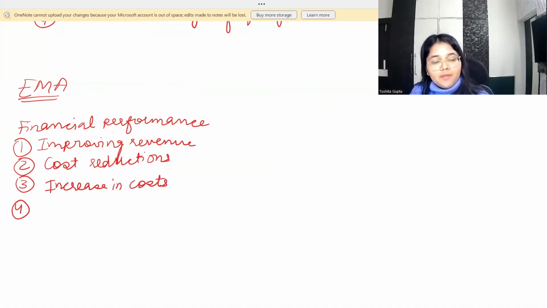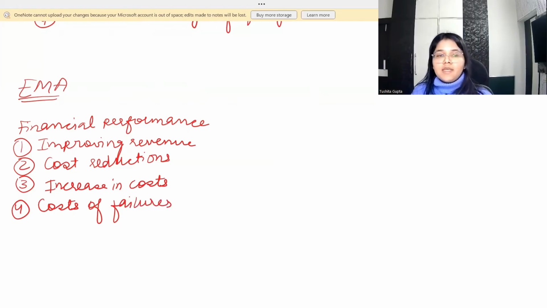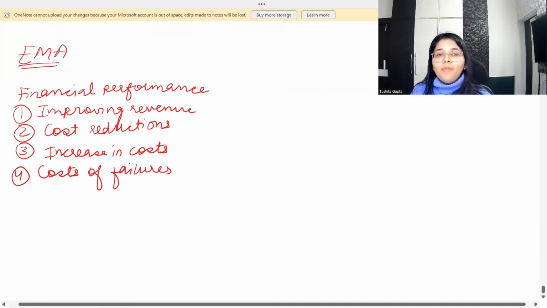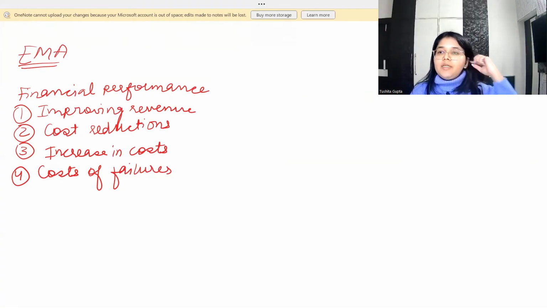And the fourth point will be the costs of failures. Basically, the failures will be the costs that we are unable to prevent because we are harming the environment. So these are the ways in which your environment can affect any business's financial performance.